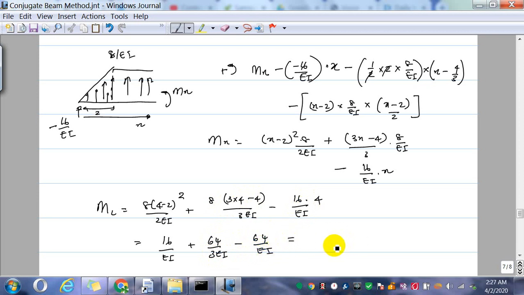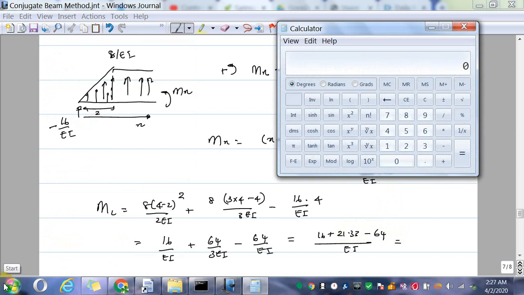So if we take a common base EI, it is 16 plus 64 divided by 3, that is 21.33, so 16 plus 21.33 is 37.33, minus 64.